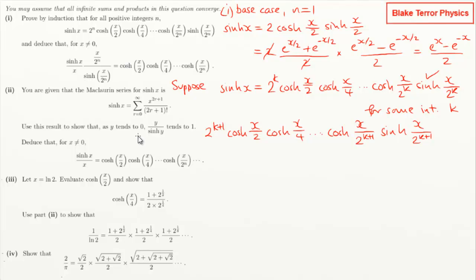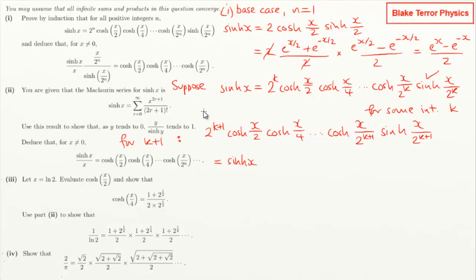So I should put in somewhere the k plus 1 case. That is equal to something pretty close to what we had before, but we've added in a 2, so we've got that from the previous bit. We've got our sinh there.